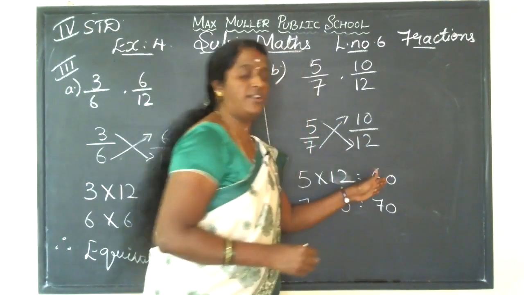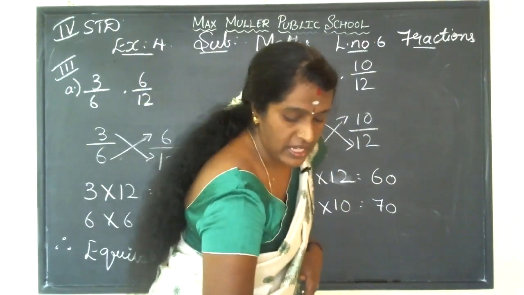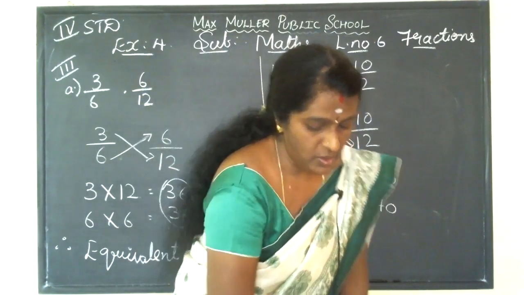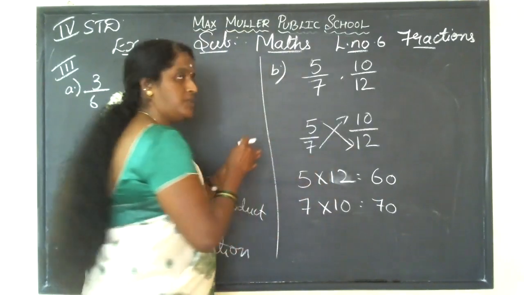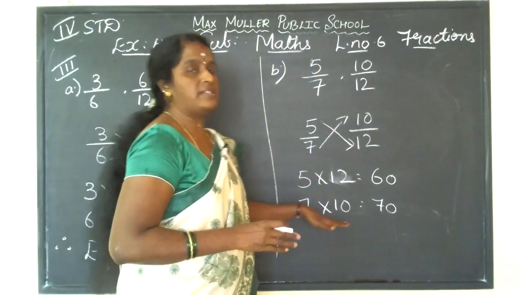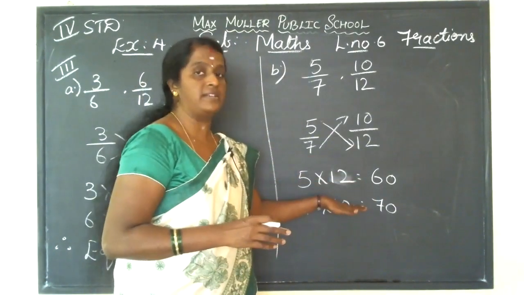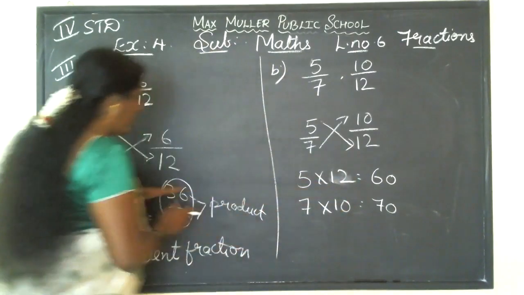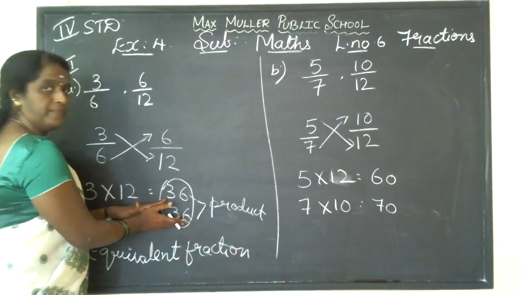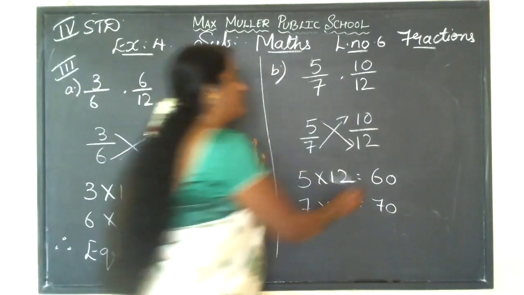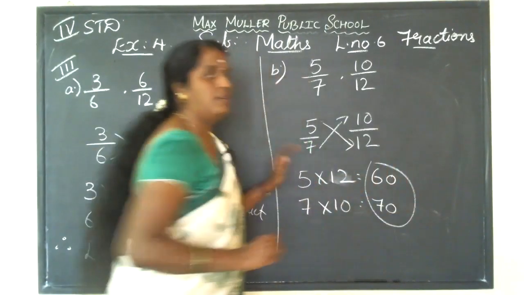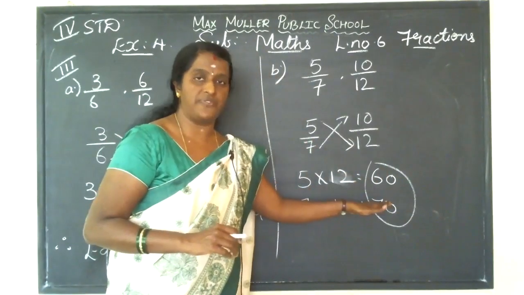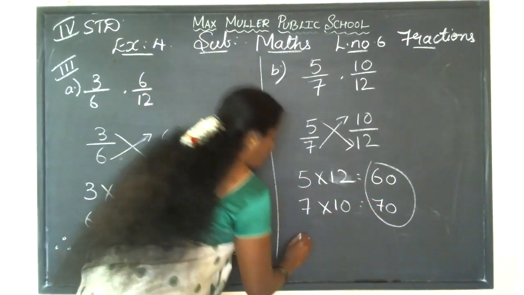So what did we get? This is not an equivalent fraction. The product in both the cases is different. In the earlier one the product in both cases was the same. Here the product is different, so when the answer comes different, it is not equivalent.